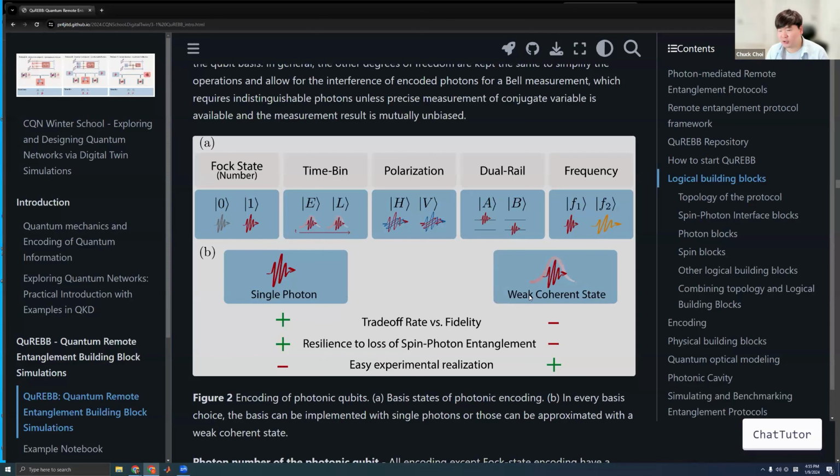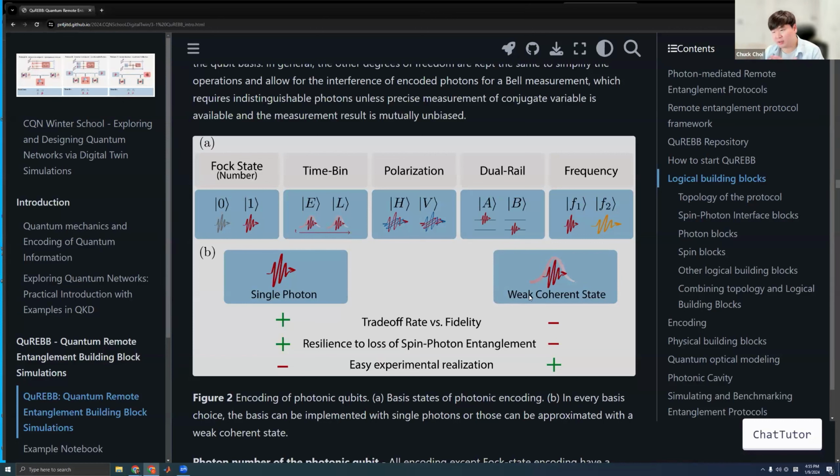However, if you use a very, very weak coherent state, this probability can be easily suppressed. But the problem is that then you will have a significant portion of your state be 0.